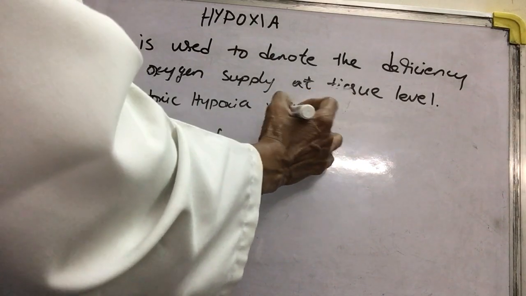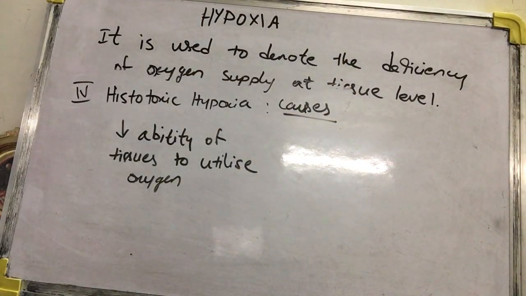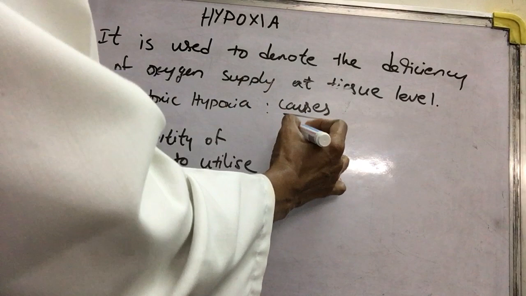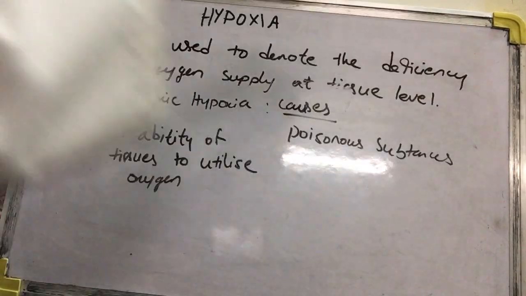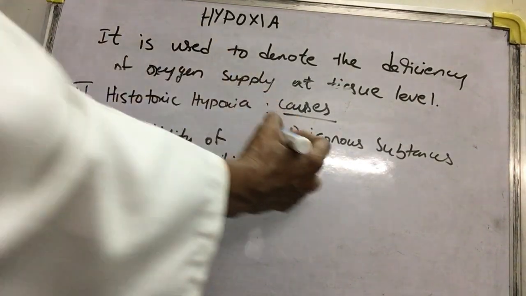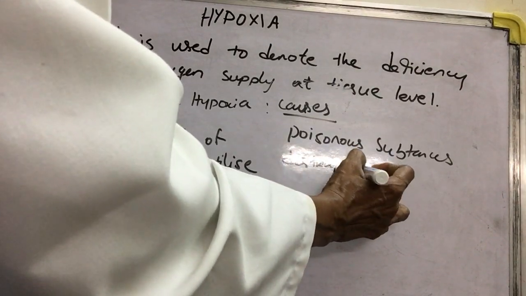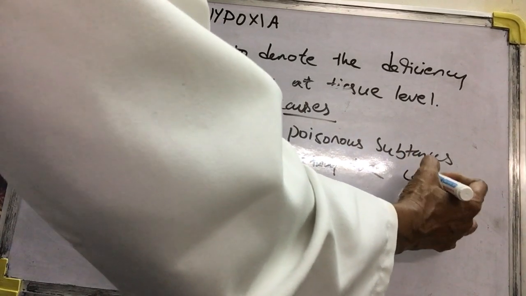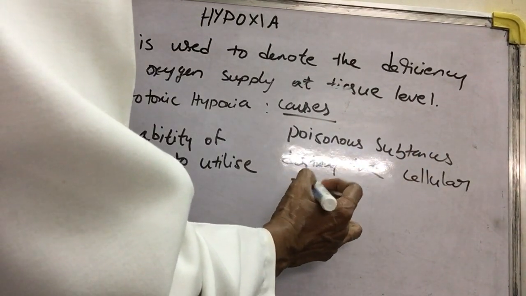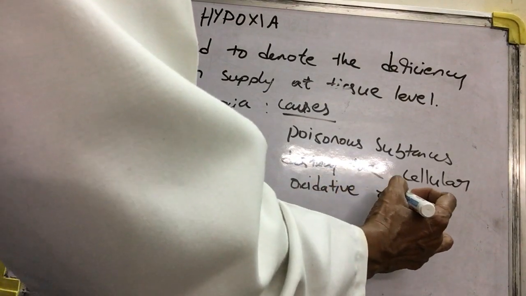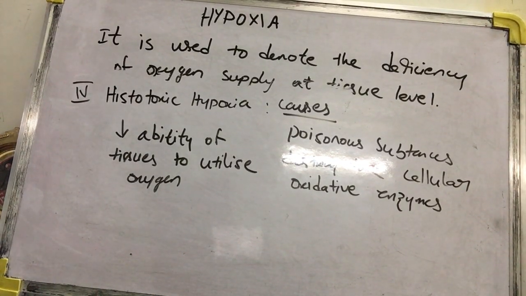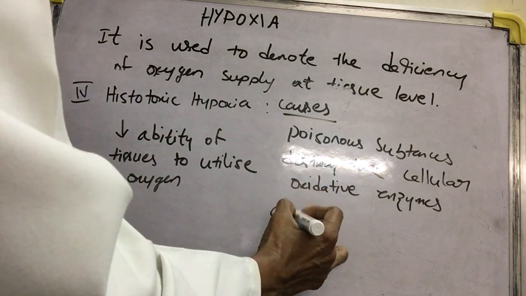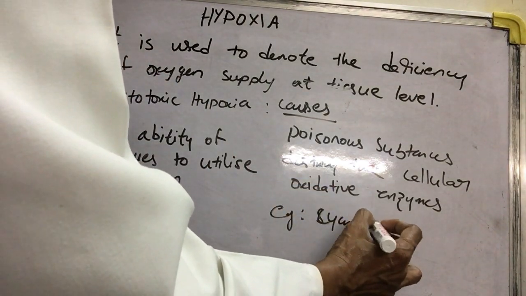And the causes for the tissues not being able to utilize the oxygen are any poisonous substances in the tissues that will destroy the cellular oxidative enzymes, for example cyanide.